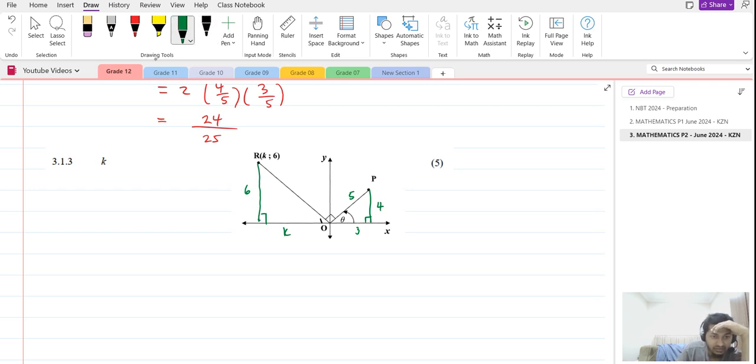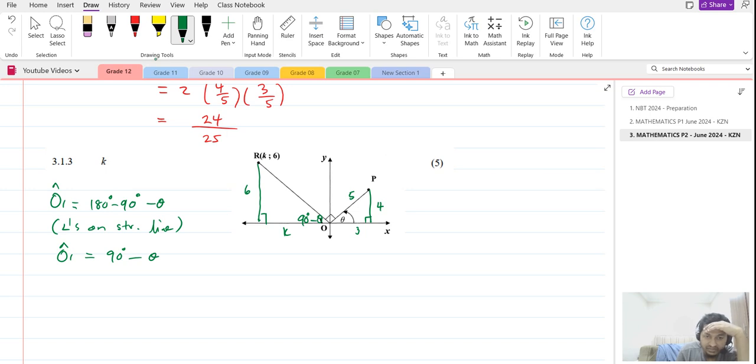So we're going to write angle O1 is equal to 180 minus 90 minus theta. That's angles on a straight line. So we got angle O1 to be 90 minus theta. Let's fill it in. So angle O1 is 90 degrees minus theta.